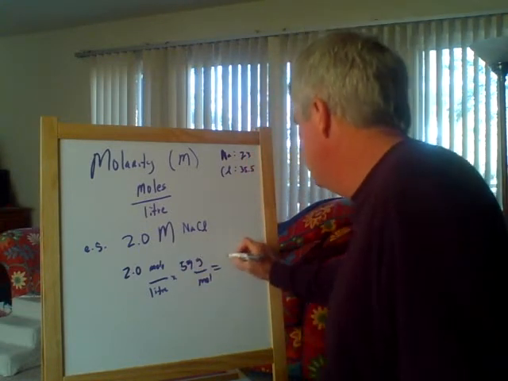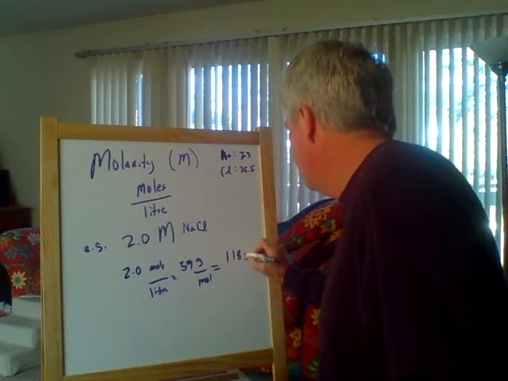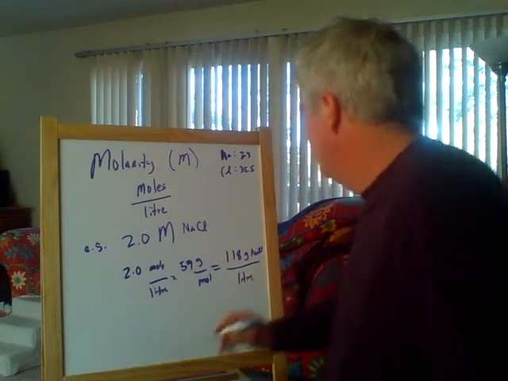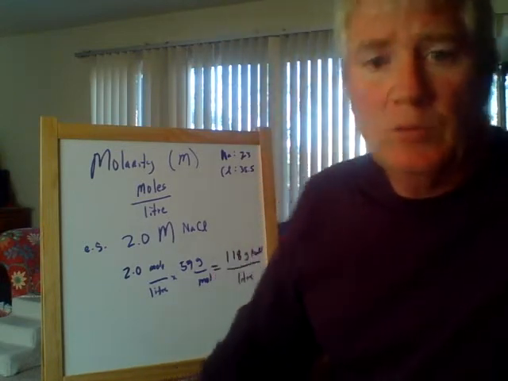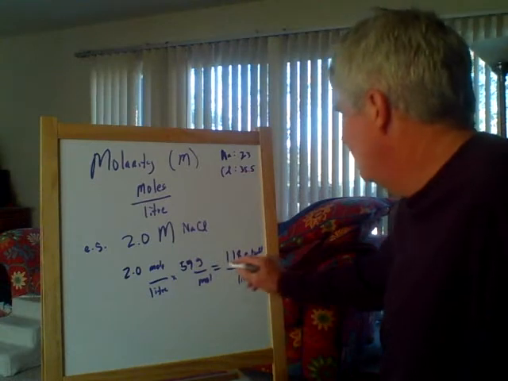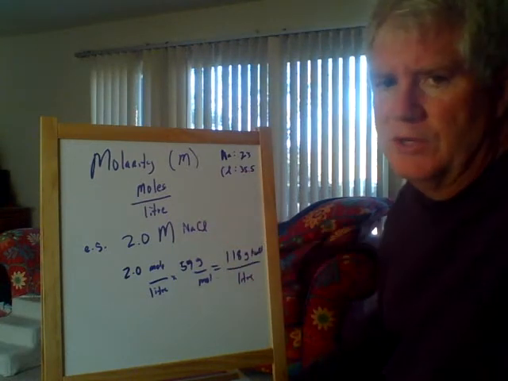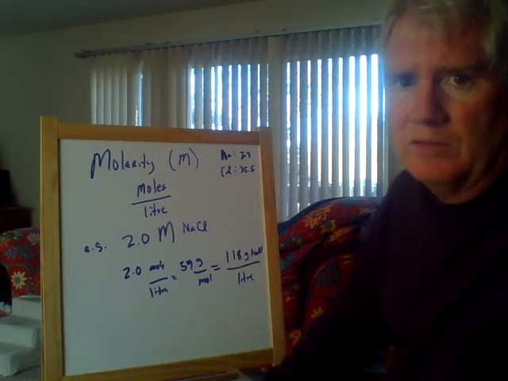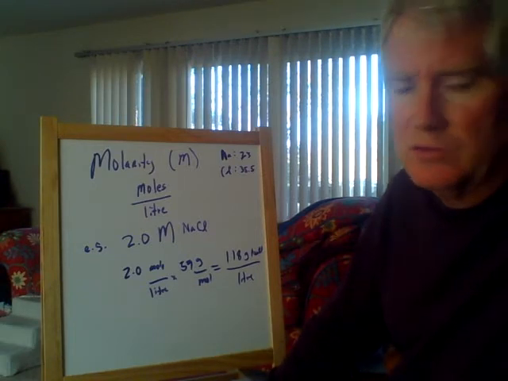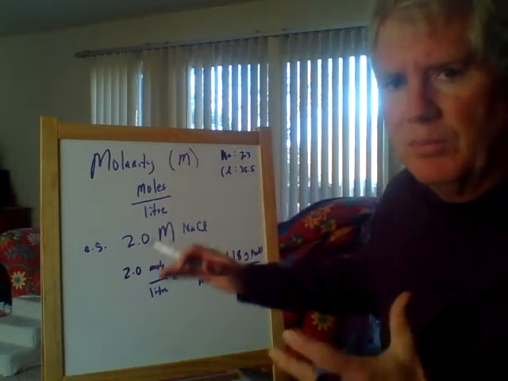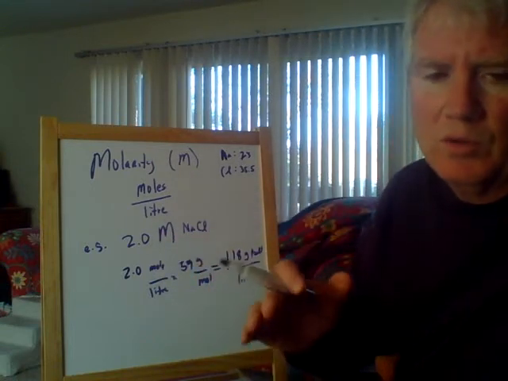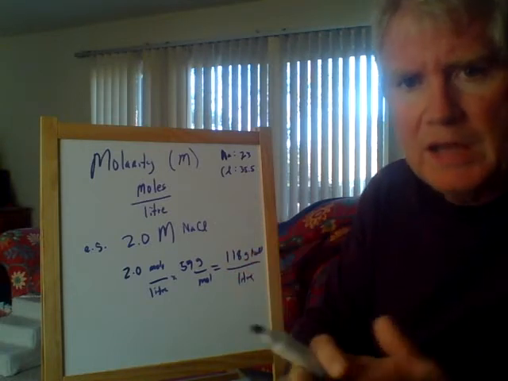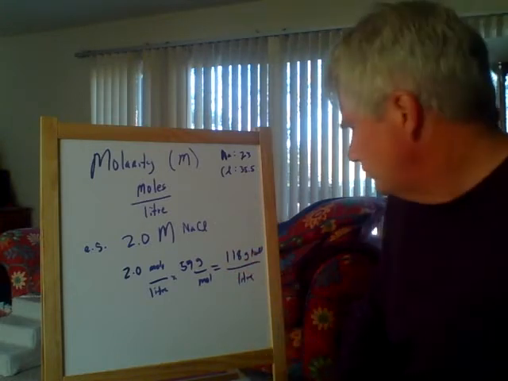When you multiply it out, that turns out to be 118 grams of sodium chloride per liter of solution. That's what a molarity of 2 is. So a lot of times you'll see concentration expressed in terms of grams, in terms of weight, and that's called a mass percentage or a mass concentration. Molarity is a lot simpler to use, especially when talking about chemical reactions, and you'll see that in an example coming up.